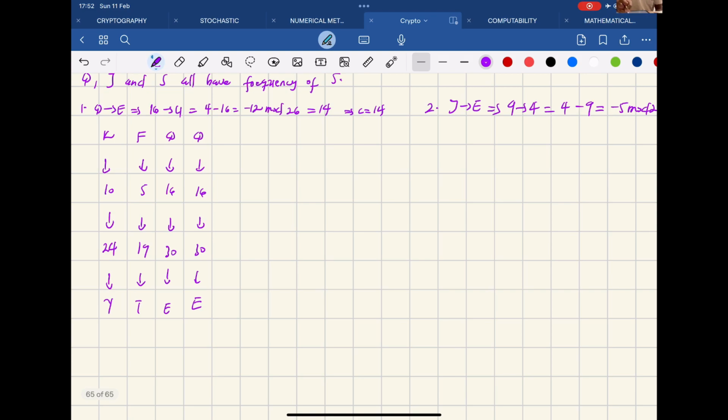Using the same sequence K, F, Q, Q, K is 10, F is 5, Q is 16, and Q is 16.